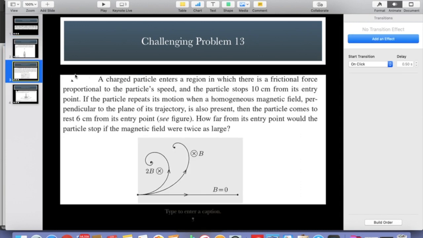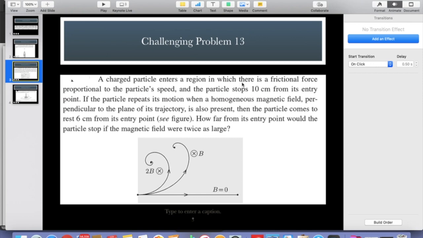The next challenging problem is from magnetic field. You have a charged particle which enters a region in which there is a frictional force proportional to the particle's speed. This is a different type of question because usually we don't have friction force in magnetic field. So here you have to apply the magnetic force as well as the friction force.